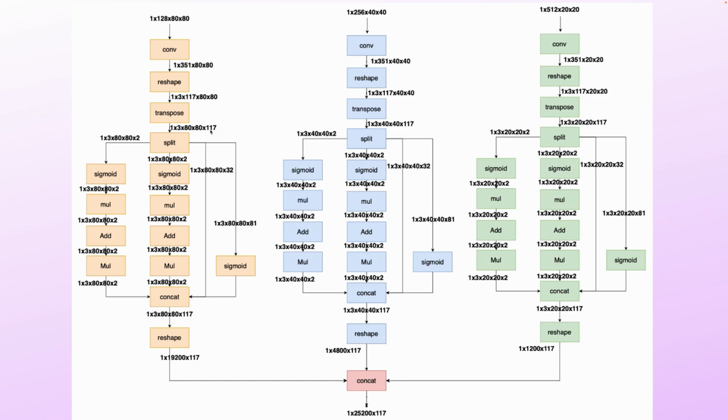In object detection the value would be 85, out of which 32 goes for the prototypes. From all these 3 heads you get the feature maps, and then you concatenate here. This final output goes to NMS and post-processing, same as in object detection. So this is how the prediction head looks in the case of segmentation. The only addition is a parallel branch of dimension 32, because you have 32 prototypes coming from the neck.